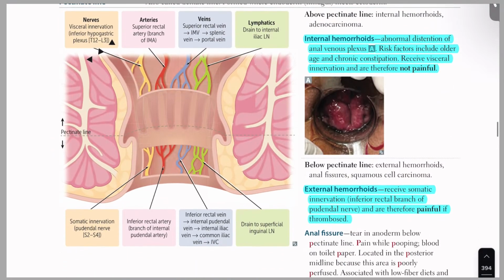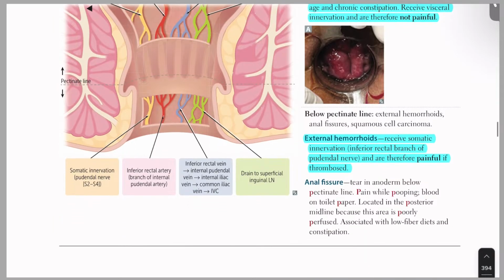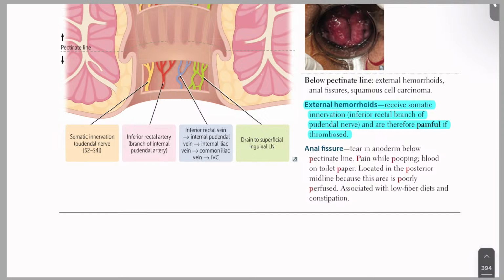Above pectinate line: internal hemorrhoids, adenocarcinoma. Internal hemorrhoids: abnormal distension of venous plexus; risks include older age, chronic constipation; they receive visceral innervation, therefore not painful. Below pectinate line: external hemorrhoids, anal fissure, and squamous cell carcinoma.